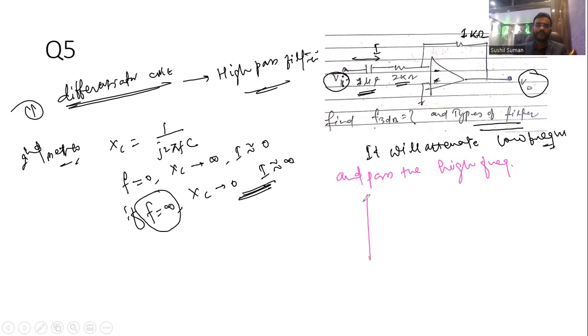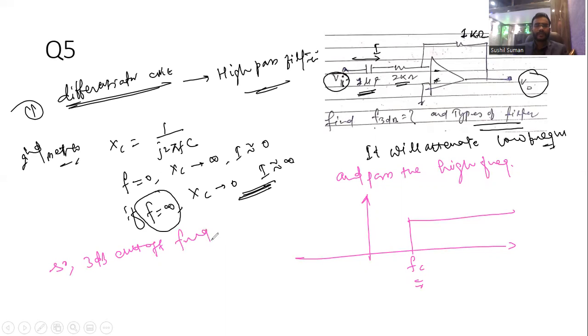So if you draw the characteristic of frequency and gain, then it is your high pass filter and has a cutoff frequency. So the 3 dB cutoff frequency is what? f equal to 1 upon 2 pi R into C.